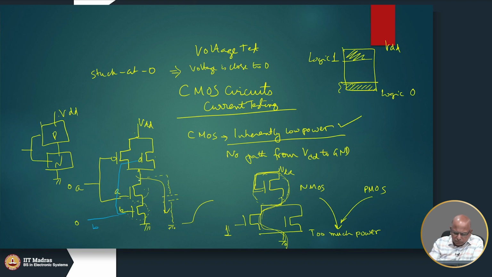You can think of them as very big resistors. They are big resistors because they are really off. The transistors are off, but there is something called sub-threshold conduction, sub-threshold leakage. So a small current will definitely flow.